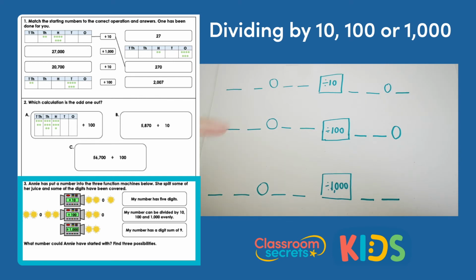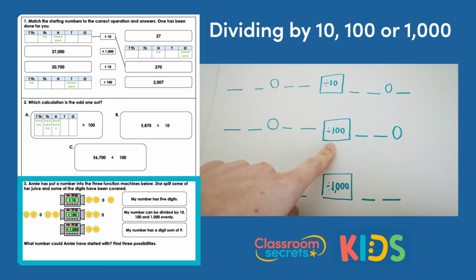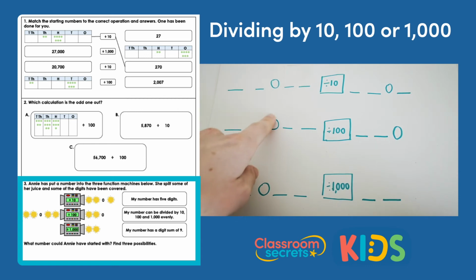So if we look at the 0, it's in the hundreds column. When we divide by 100, all the numbers move twice. So that 0 will move twice and end up here in the ones column.